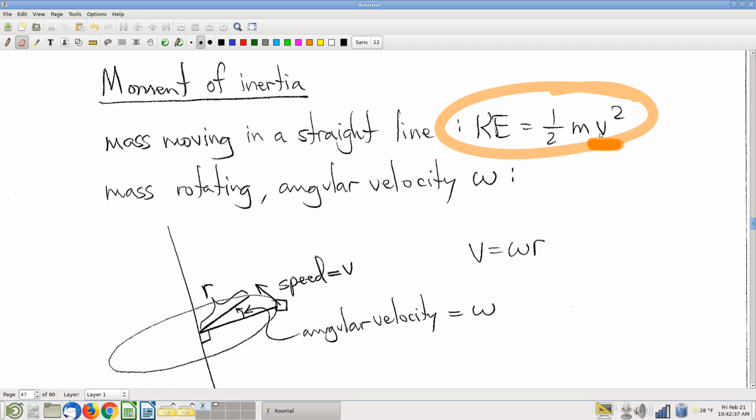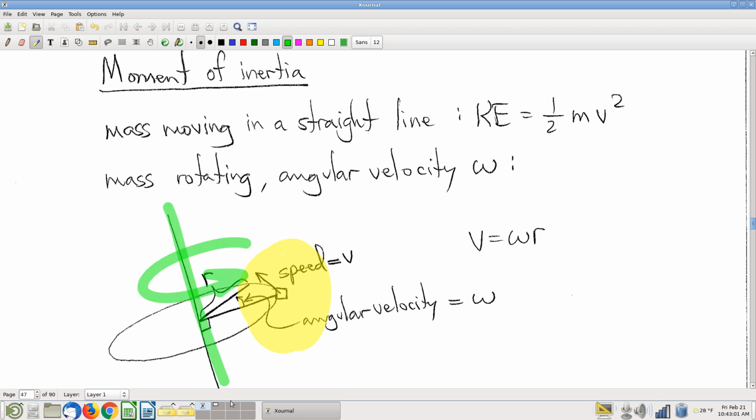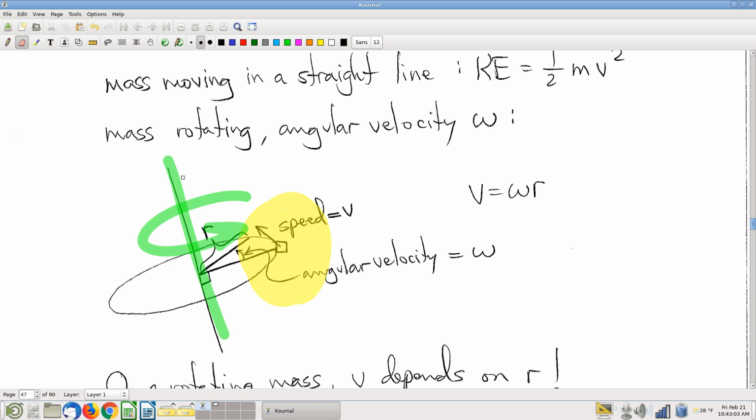Okay, so we're going to consider a different story. Let's suppose that instead of mass moving with a constant velocity, we have a chunk of mass, and we're going to call this a two-dimensional sheet of mass. And let's suppose that it is rotating around an axis like this. Well, now not all the mass is moving at the same velocity.